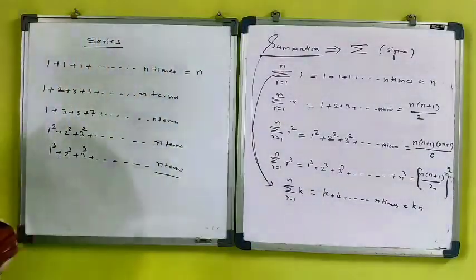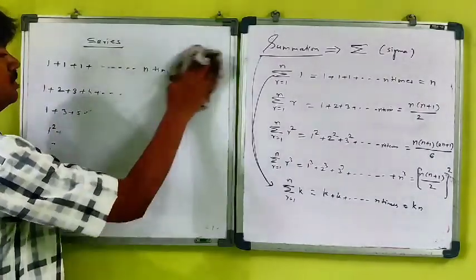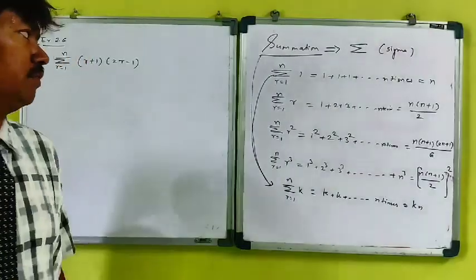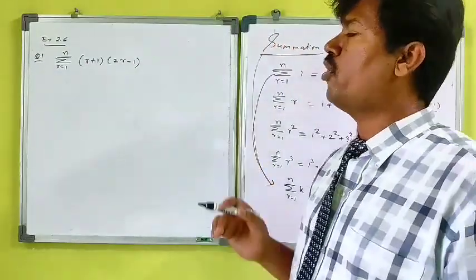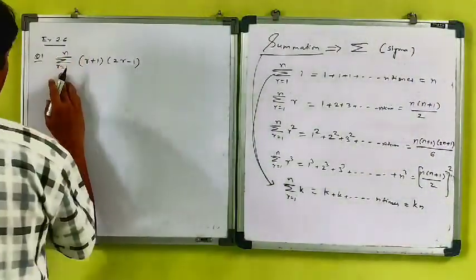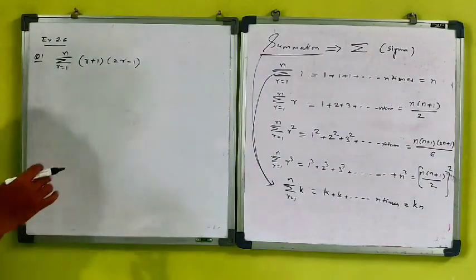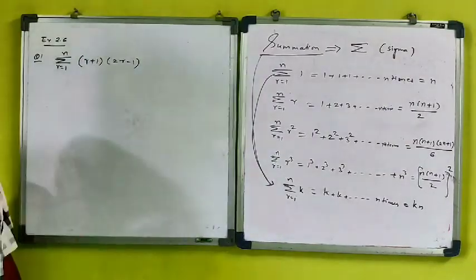A few questions from the textbook, based on series summation. Exercise 2.6, first question: sigma r from 1 to n of r plus 1 into 2r minus 1.